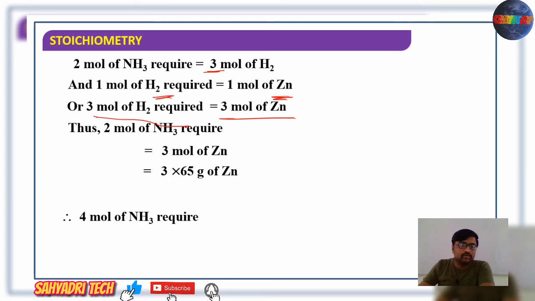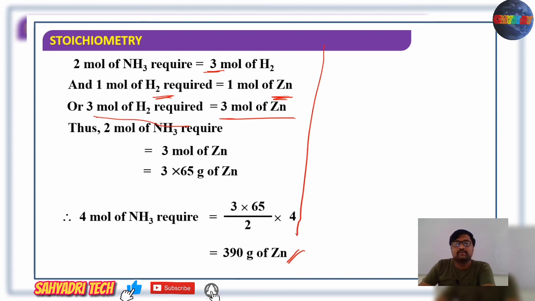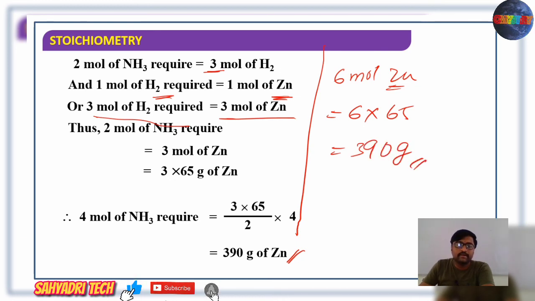If you consider 4 moles of ammonia, it is 3 into 65 divided by 2 into 4. That is 390 gram, which is simply 6 moles of Zn. 6 moles of Zn means 6 into its atomic mass, 65, which is 390 gram. You got it?